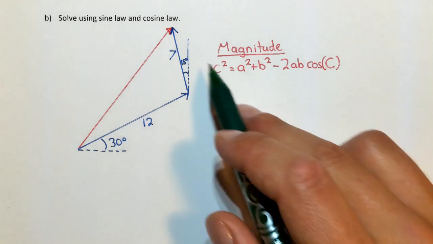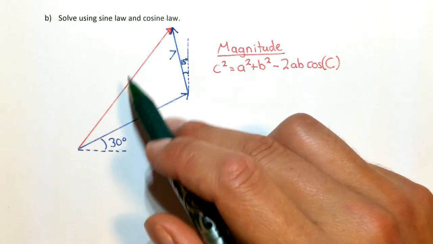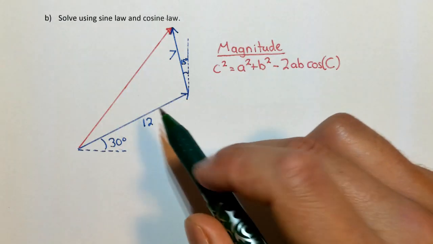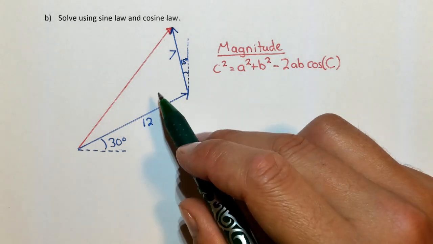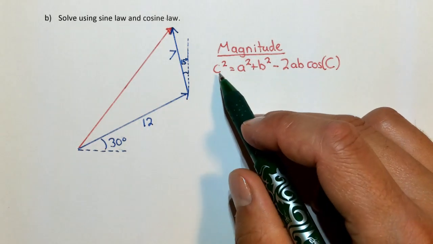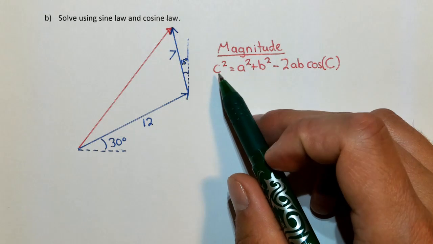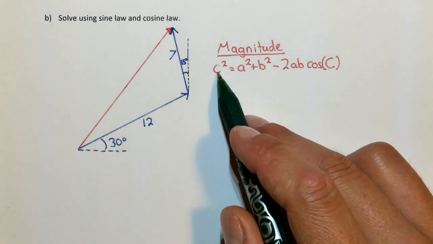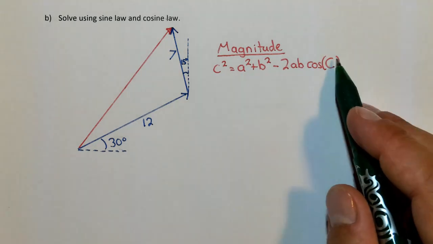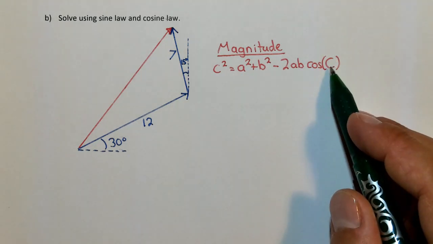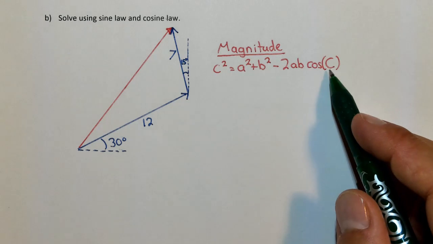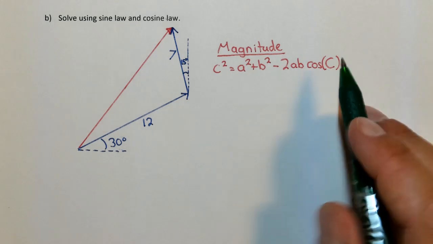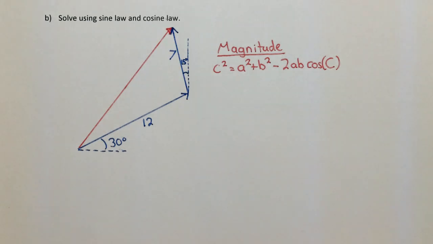But when we use cosine law, we can use it for triangles that don't have a 90-degree angle. So we can't say c has to be opposite the 90-degree angle when there likely isn't a 90-degree angle. All we have to have is that c is opposite whatever angle we're calling big C. And since we can pick big C to be whatever angle we want, little c can be any side we want.